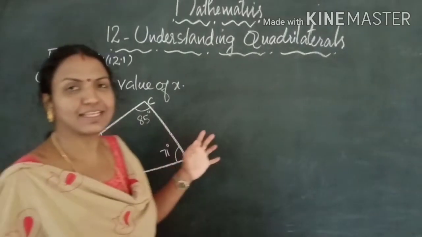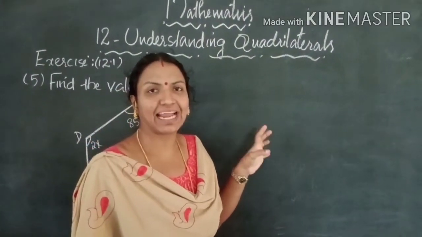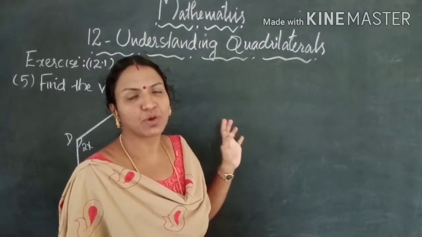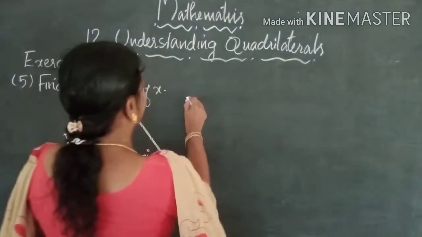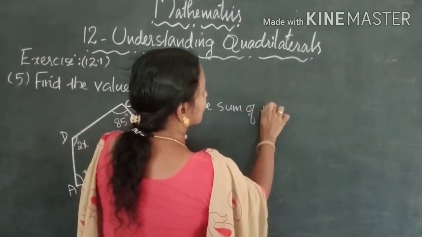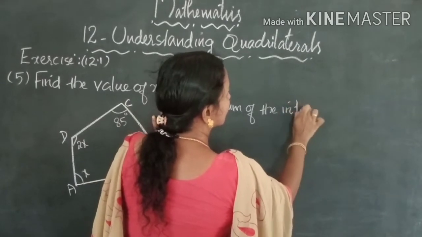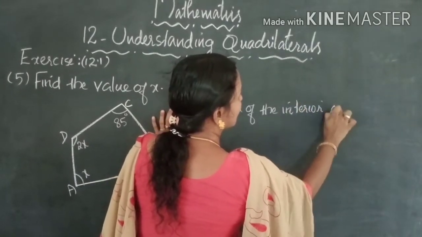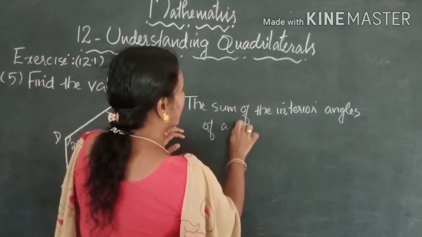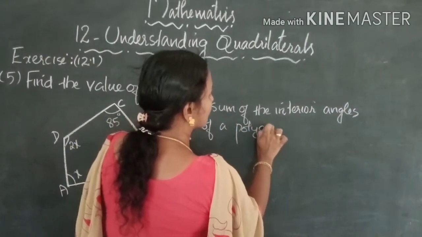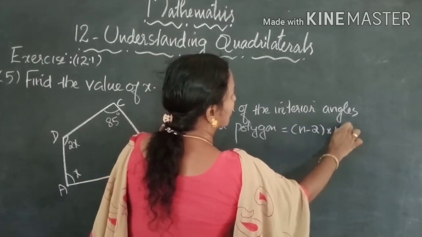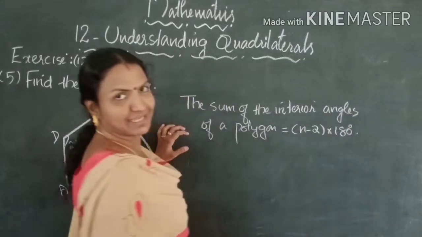We already studied that the sum of the interior angles of a polygon is n minus 2 into 180.